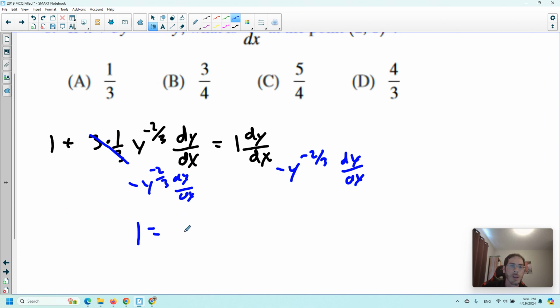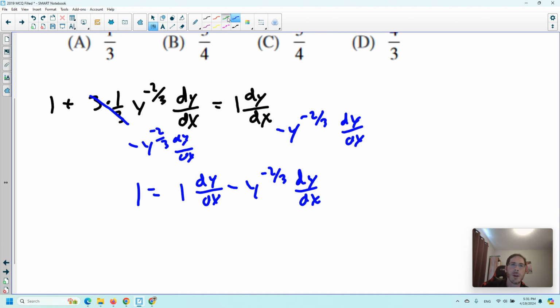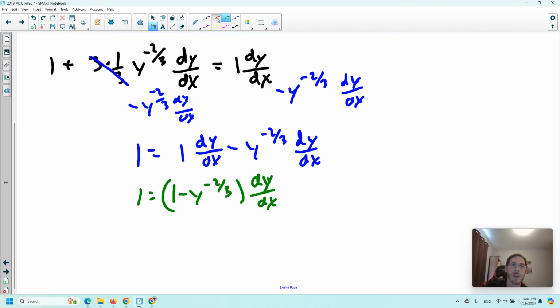So we get 1 equals 1 dy/dx minus y to the negative 2/3 dy/dx. We're going to GCF out this dy/dx. 1 equals 1 minus y to the negative 2/3 dy/dx.